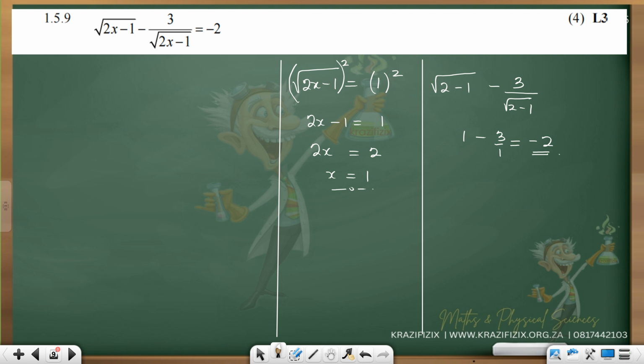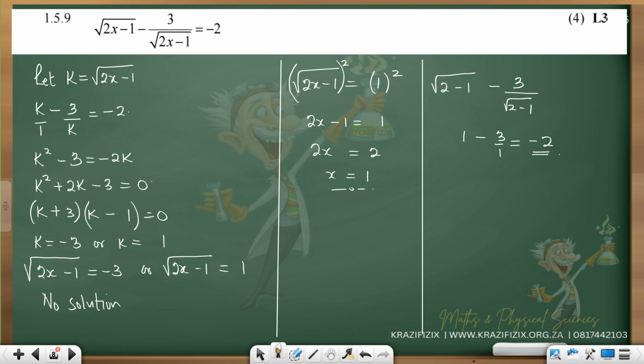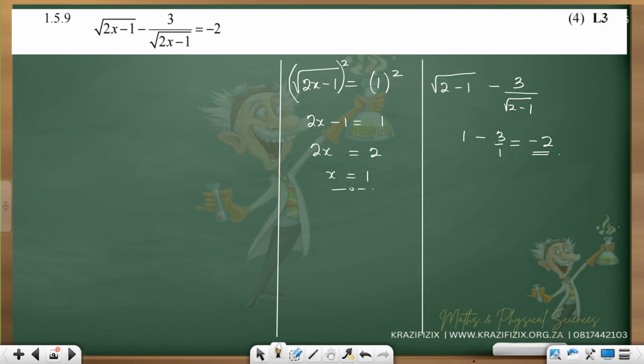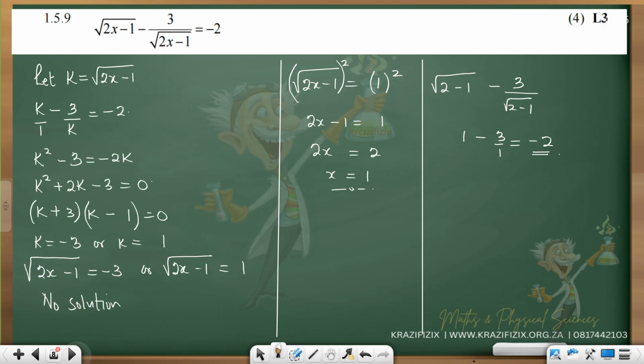I'm good. Okay, sir, so what I did, I didn't use the K method. But what I did was I got rid of that square root of 2x minus 1, and how I did that is I basically timed every single number with that square root of 2x minus 1.